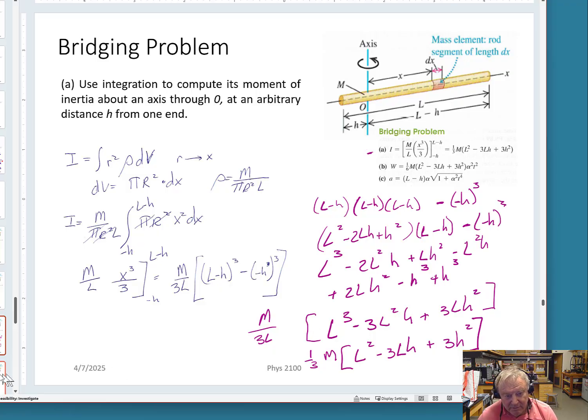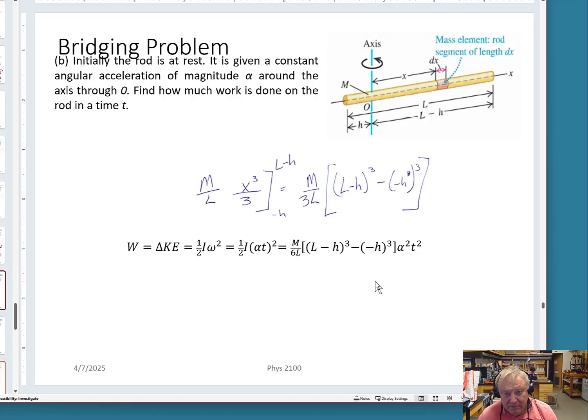And then what's next? B. It is a given constant. Find how much work is done on a rod in time t. So delta KE is going to be 1/2 I omega final squared minus 1/2 I omega initial squared, but it says that's 0.